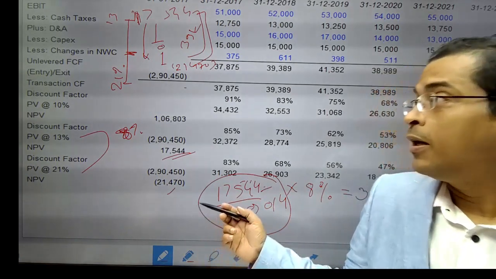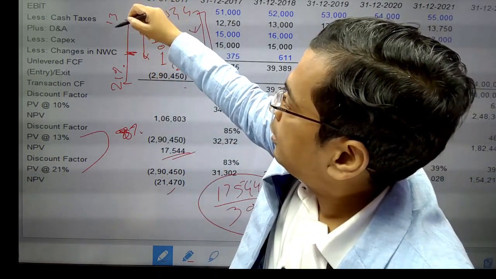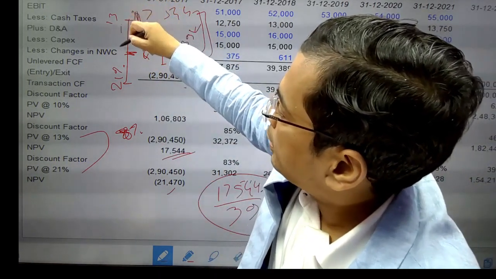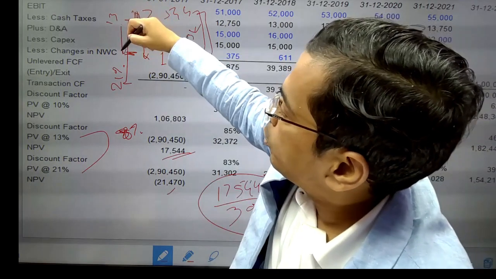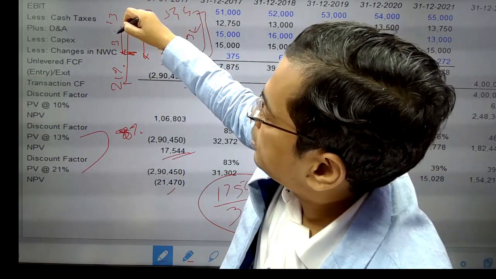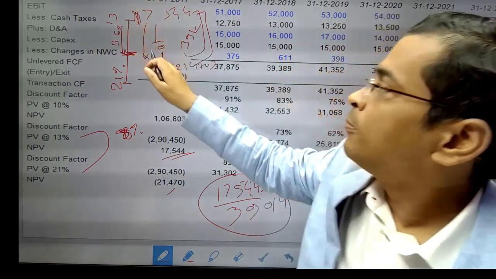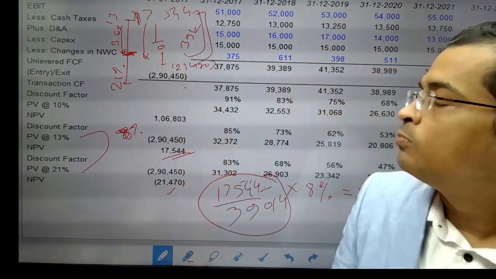Now, what does that mean? That means that if we just increase the interest rate, or add more interest on 13, there will be approximately 3.6% we have to add, at which rate the entire NPV will become 0.